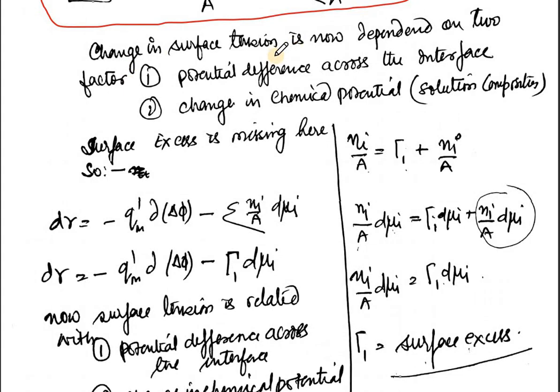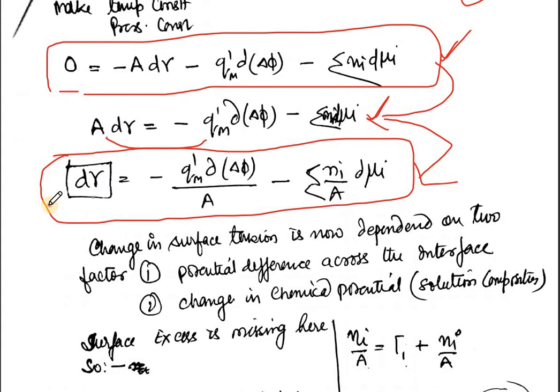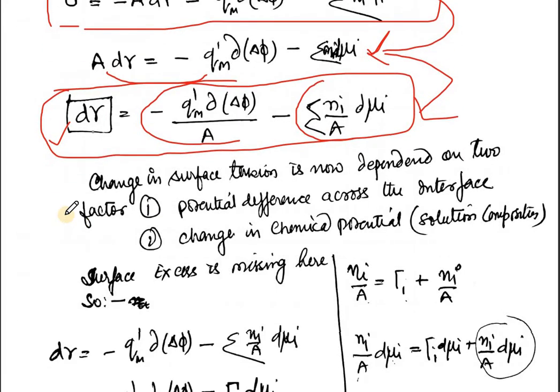Here the change in surface tension is now dependent on two factors: the potential difference across the interface and the change in chemical potential, that is, the solution composition.